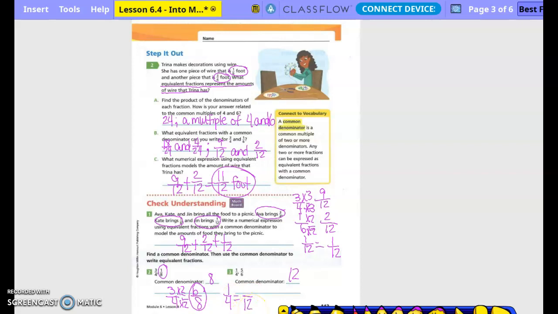How did I get from 4 to 12? Times 3. What I do on the bottom, I do on the top. So 3/12 is one of them, right? 5/6. What's our common denominator? 12. How do I get from 6 to 12? Times 2. So what I do on the bottom, I do on the top. So 10/12. So 3/12 and 10/12.